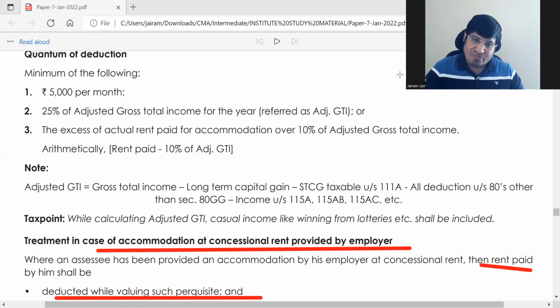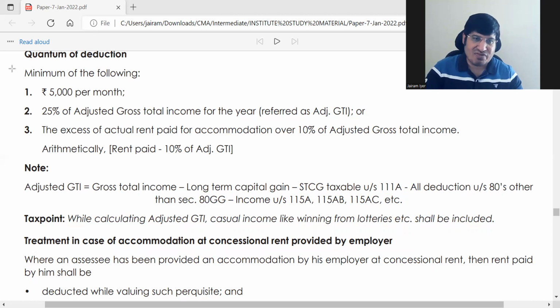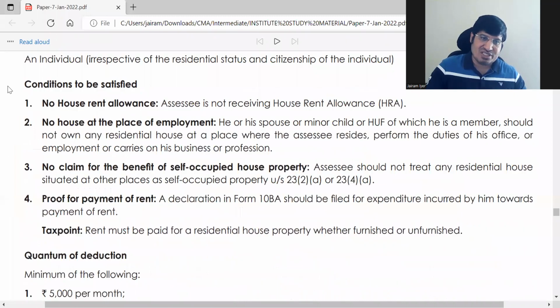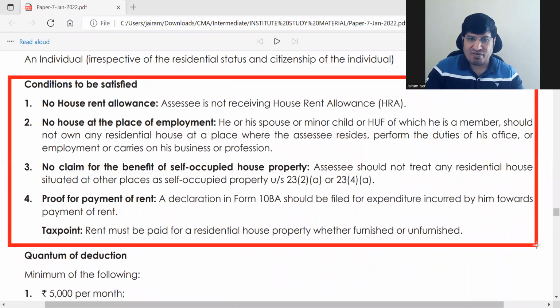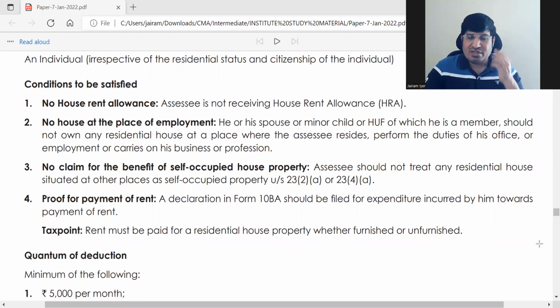But if these conditions are fulfilled, then he will also get deduction under this section. These conditions mean those four conditions. If these four conditions are fulfilled, he might be charged for perquisites, but he will also get deduction under this.